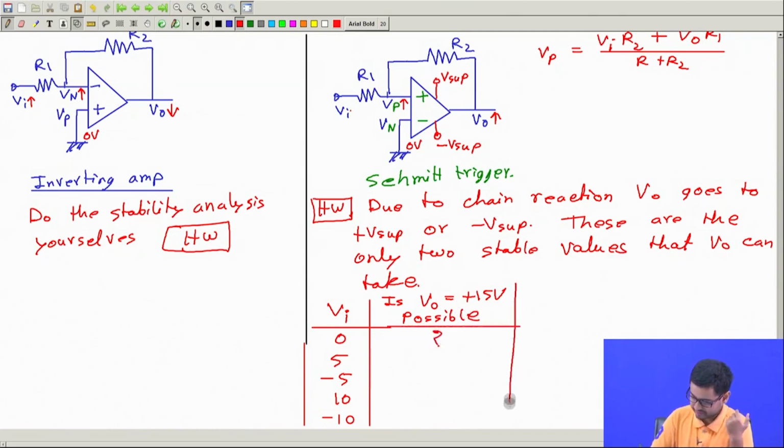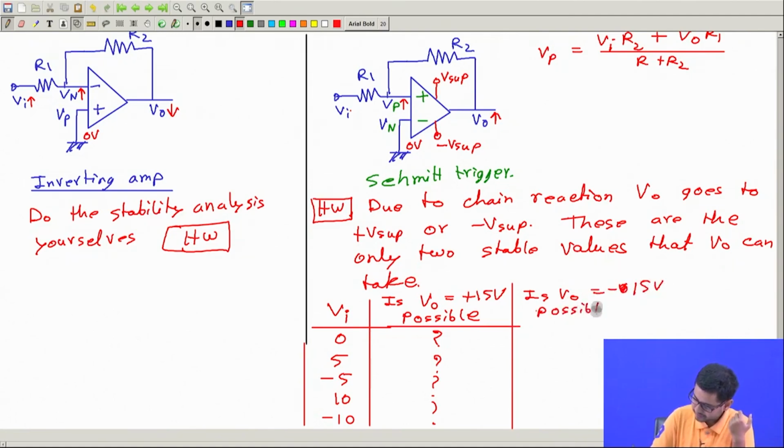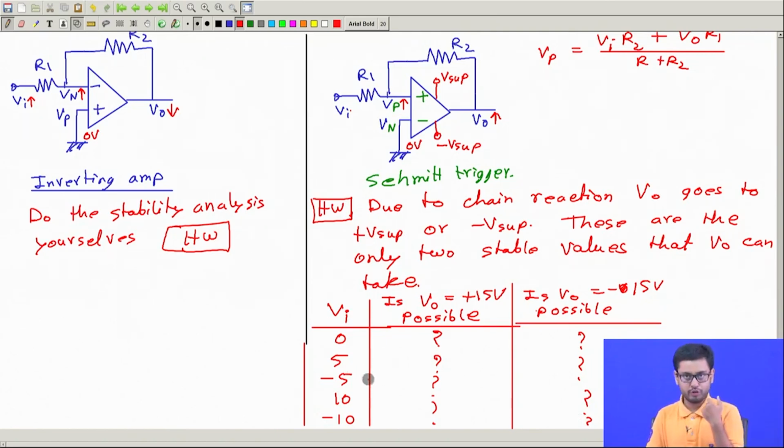Ask this question for all these different values. Similarly, ask, is Vo equal to minus 15 volt possible? And we will see that for some inputs only one output is possible, and for other inputs both outputs are possible. It's a nice game. You just play with this, like we did for the previous circuit. This time you do it yourself.